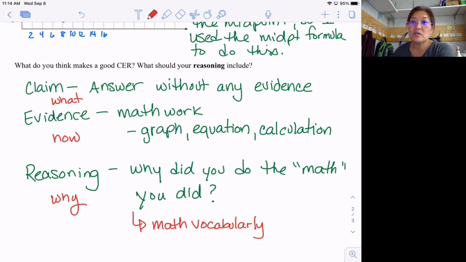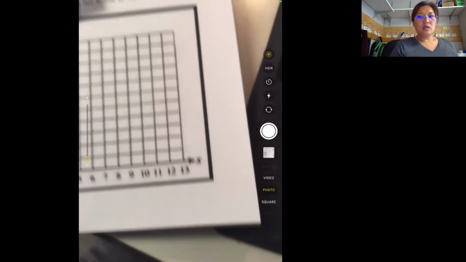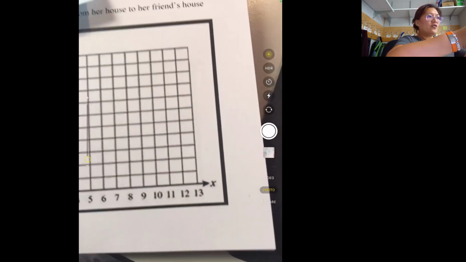Okay, so now you have your work on your worksheet. Looks like this. Mine's blank. This is what the sub's going to pass out. You have a front and a back. So what I'm going to ask you guys to do is I'm going to ask you to take your phones. You will need your phones. I don't know if you can do this on your Chromebooks, but you're going to take your phone.